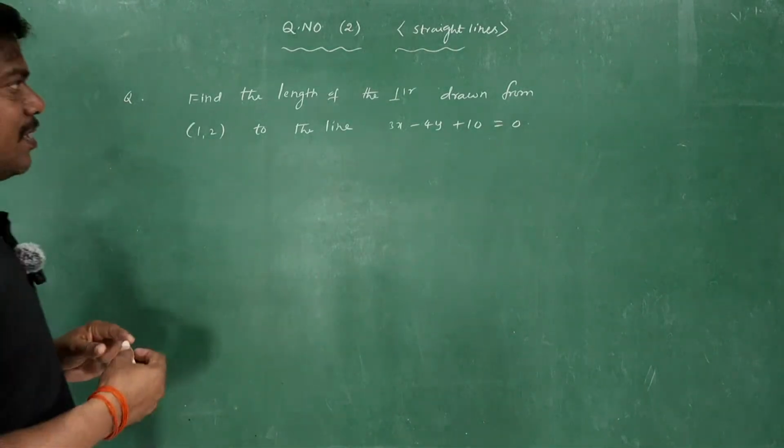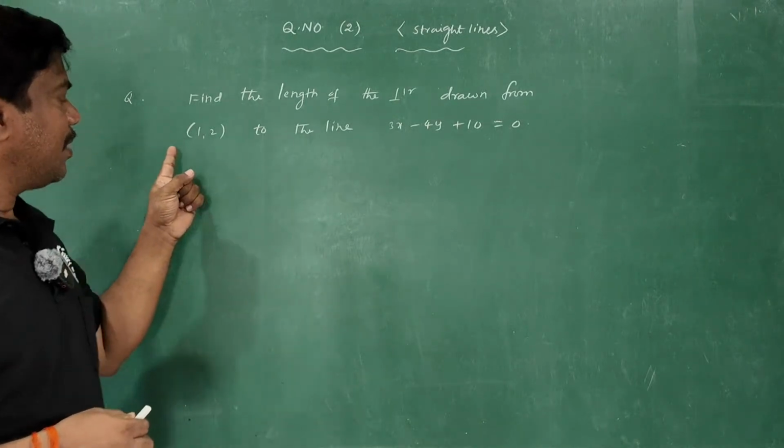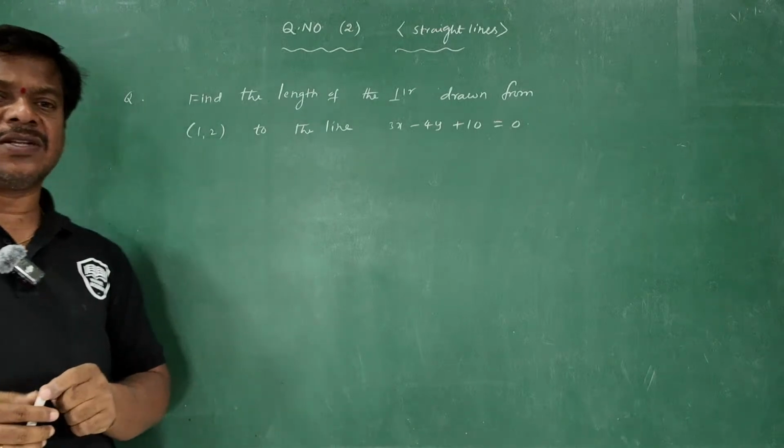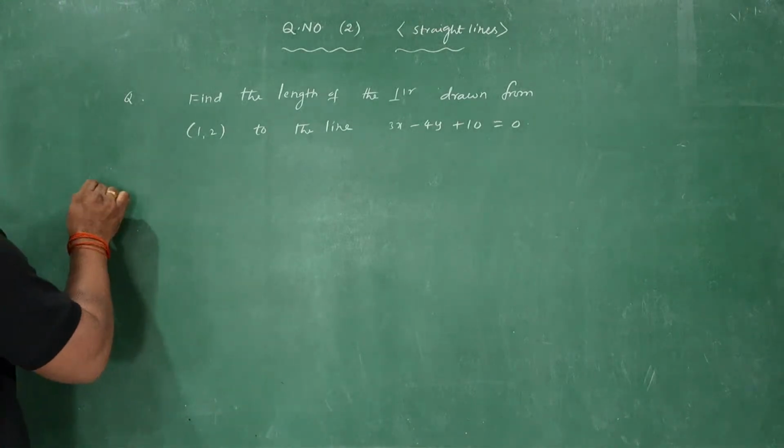Find the length of the perpendicular drawn from the point (1, 2) to the line 3x minus 4y plus 10 equal to 0 is the question. See the solution.